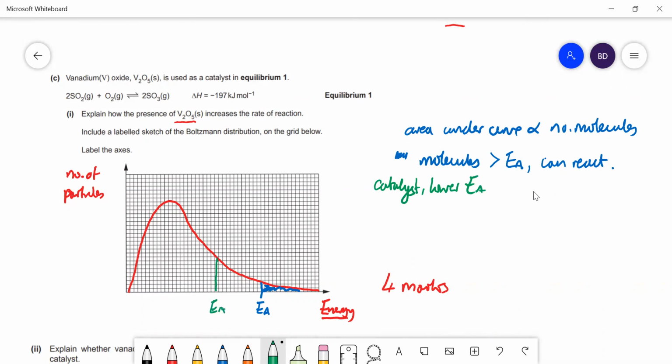So now the molecules which can react is all that lot there, okay, in the green area. So you can see the proportion of molecules which have energy greater than the activation energy is greater. So that means more collisions are effective and the reaction will occur more quickly.